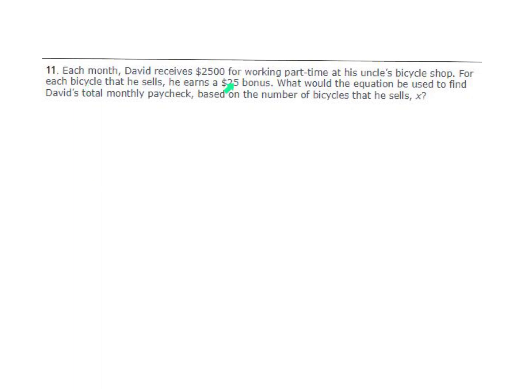Well, some month he may sell 2, or some month he may sell 5. We don't really know. It's a variable, but we know we have to multiply that number or that variable times 25. And that is our X. The bicycles are represented by X. So David's total monthly paycheck, Y, is going to be equal to $25 times X, which is the number of bicycles sold, plus the $2,500 that he gets for working for the month.